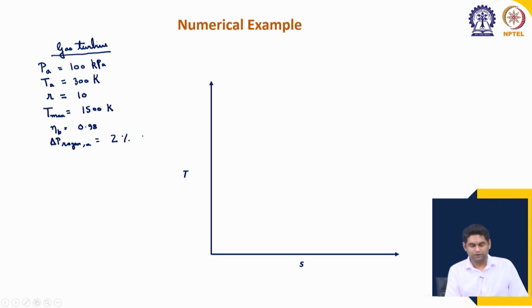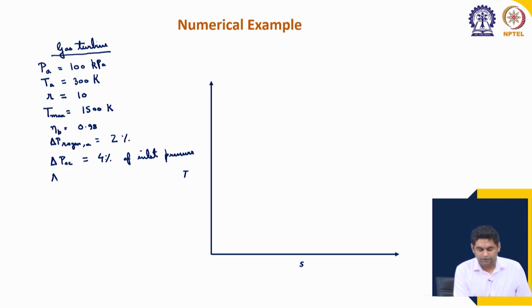I am just writing 2%, and combustion chamber pressure loss is 4% of inlet pressure, inlet to the combustion chamber, inlet to the combustion chamber. Okay, that is important. And then in the gas side of the regenerator we have a fixed loss which is given as 10 kPa. Okay, so, all these are known parameters.